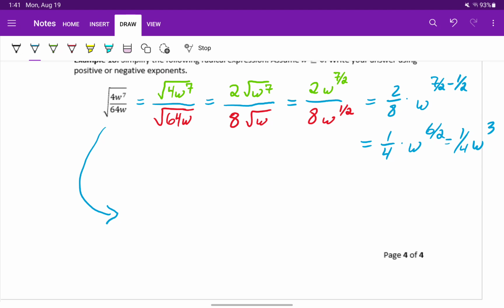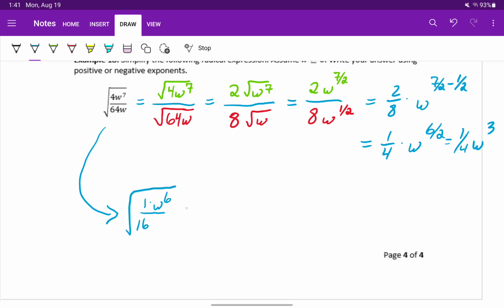Rather than using the quotient rule for simplifying square roots, instead what we'll do is look at first simplifying what's under that radical. W over 64 would reduce to 1 over 16, and w to the 7th power over w to the 1st power would reduce to w to the 6th power. In this approach, we haven't done anything with the radical. We've just reduced what we could reduce.